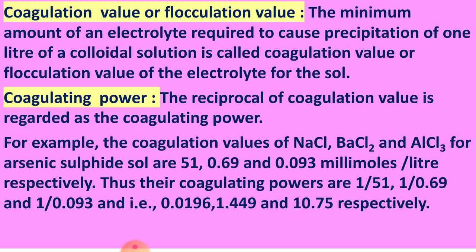Here one example is given to explain this. The coagulating values of NaCl, BaCl2 and AlCl3 for arsenic sulfide, that is a negatively charged sol, are 51, 0.69 and 0.093 millimoles per liter. That means this amount is needed per liter to cause coagulation, respectively.